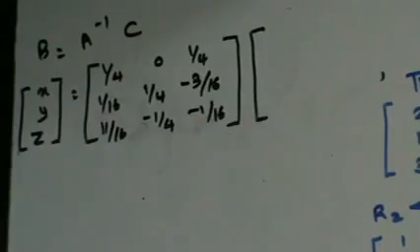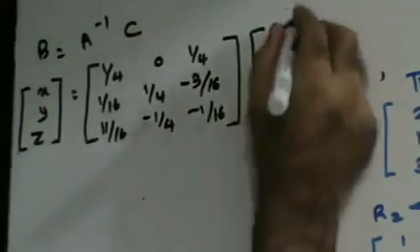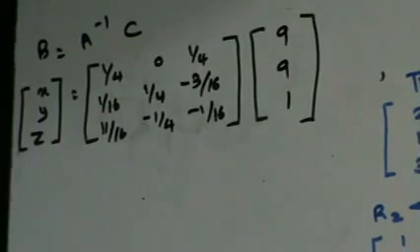The value of C was 9, 9, 1, minus 1, right?